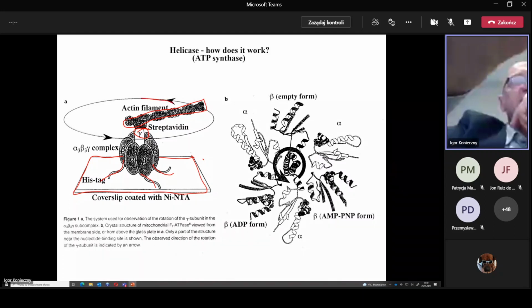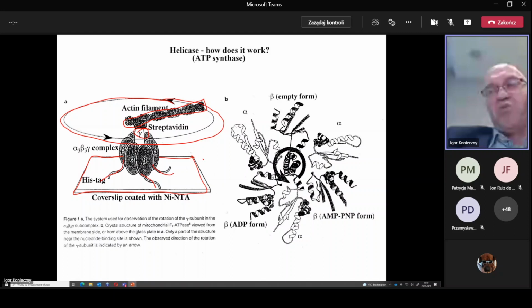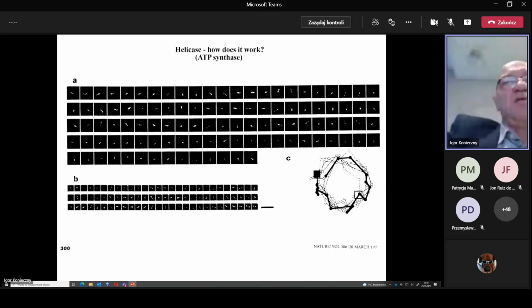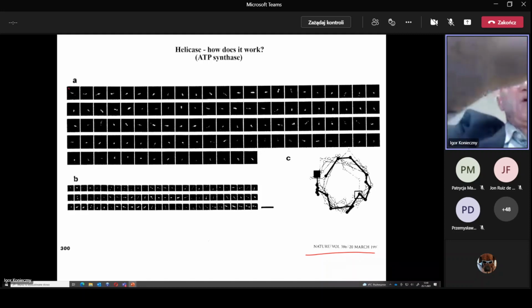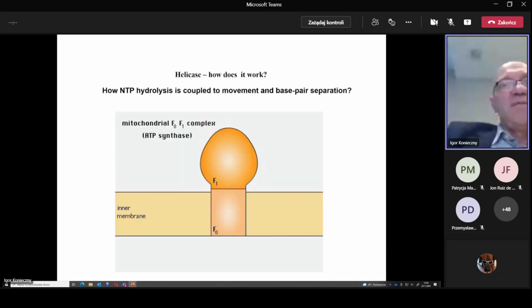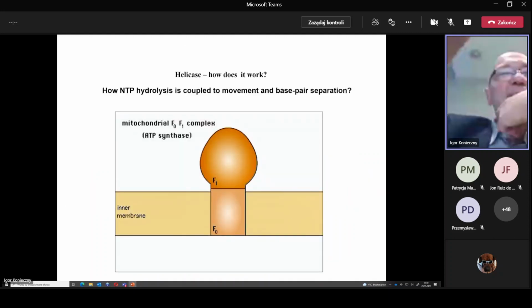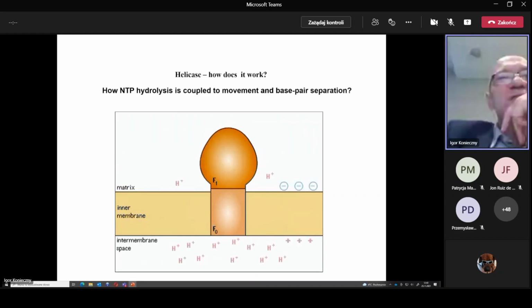And this rotation of the filament was observed through fluorescence. And this is just the original picture from Nature showing this rotation of a filament on the top of an enzyme, of course, artificially attached. You see this. And I don't know if that would work. I will try to show you the animation.